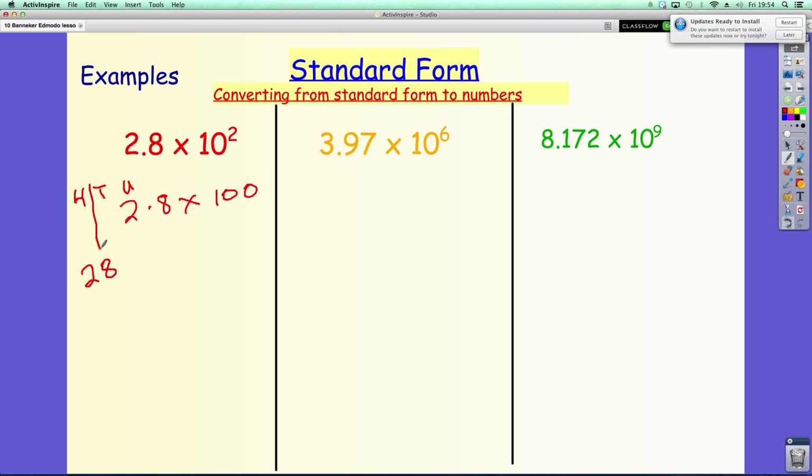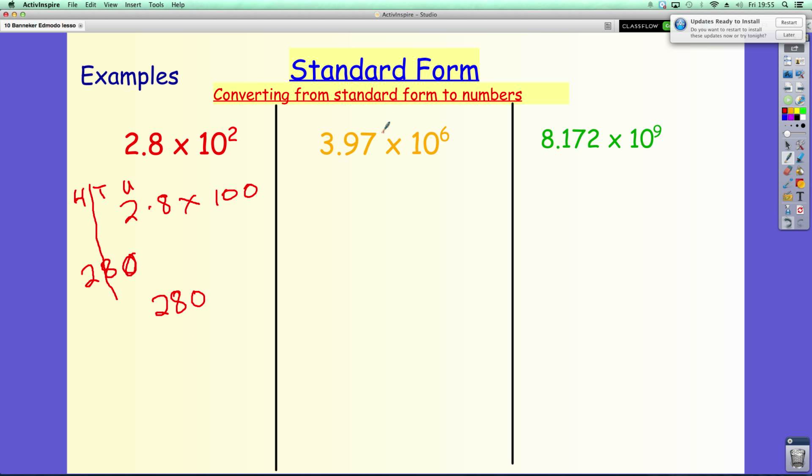You can see it there. And then in my units, there's nothing, so I need to make sure 0 goes to make sure that my 8 stays in its tens and the 2 stays in the hundreds, and we get 280, and that's it. So at the end of it, 2.8 times 10 squared is 280.